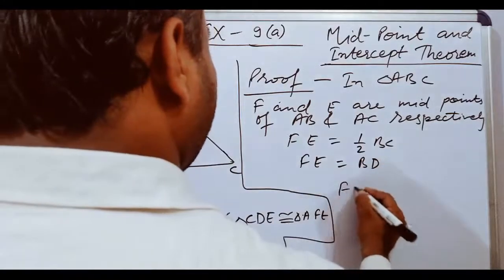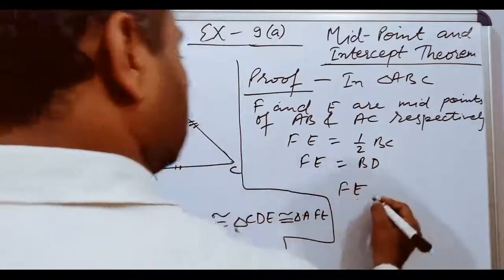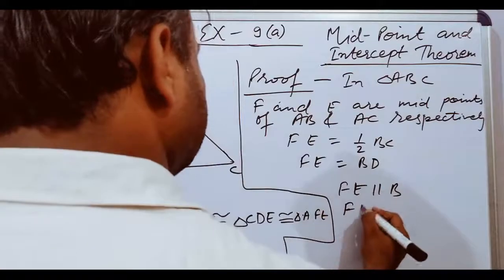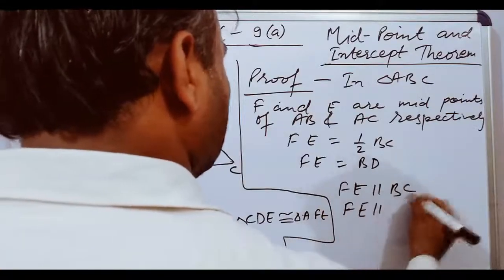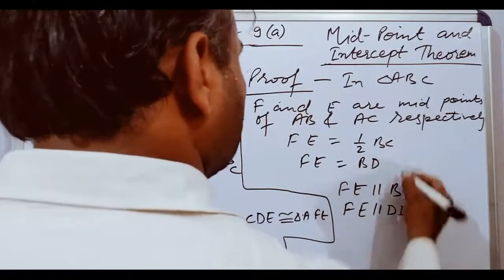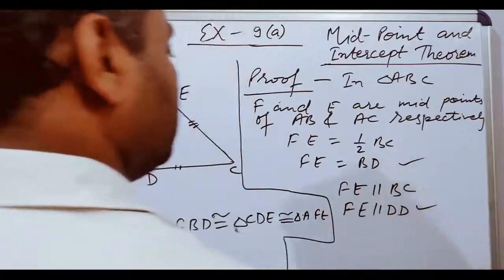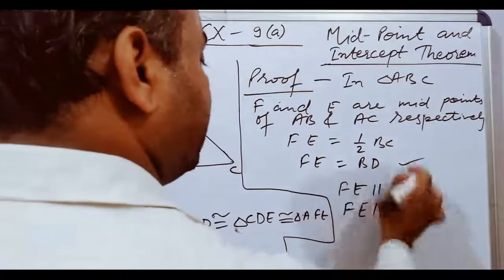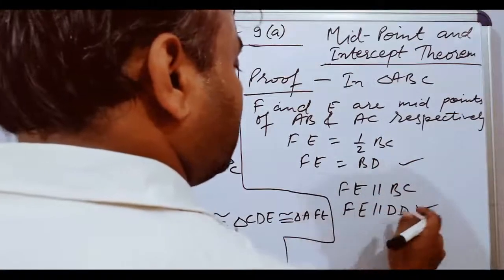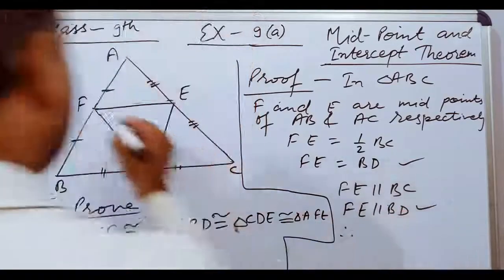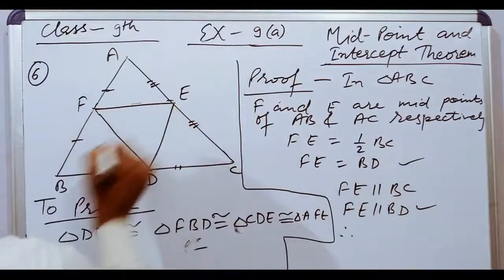And FE is parallel to BC, then FE is parallel to BD also. So FE is equal to BD and FE is parallel to BD. So this is equal to this.